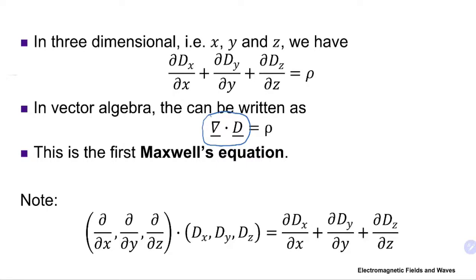That means there's either a sink or a source inside the bubble. So this all leads back to the vector algebra of divergence: the divergence of the electric flux density is equal to the charge density.